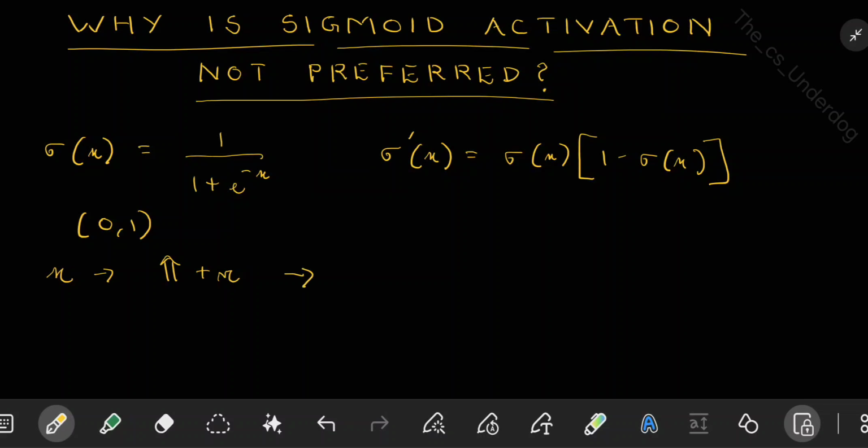In this case, the value of sigmoid of x will be very close to 1. And what if your x is a very large negative number? In this case, sigmoid of x will be somewhere near 0. So something very close to 0.